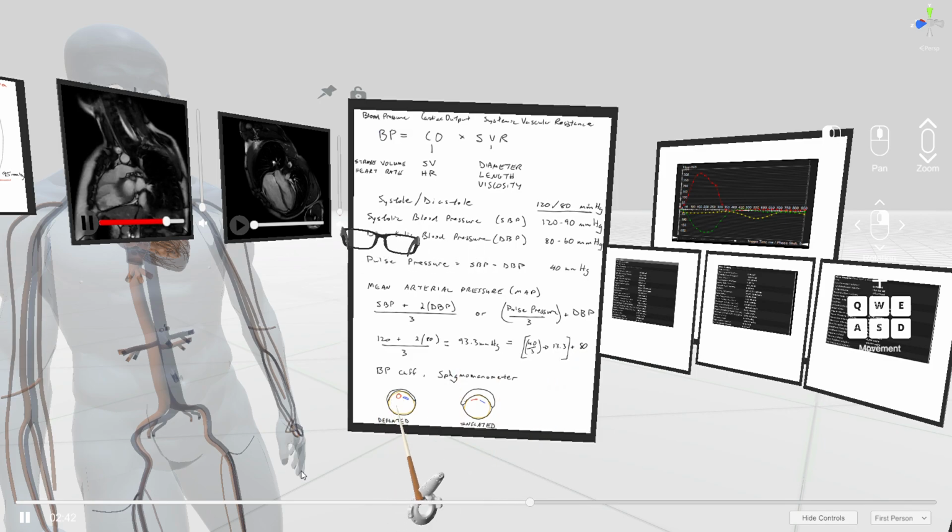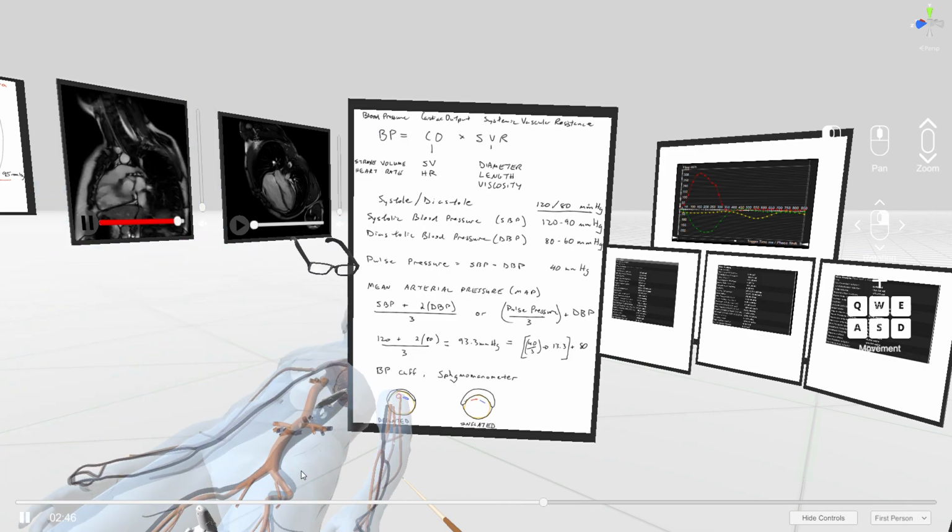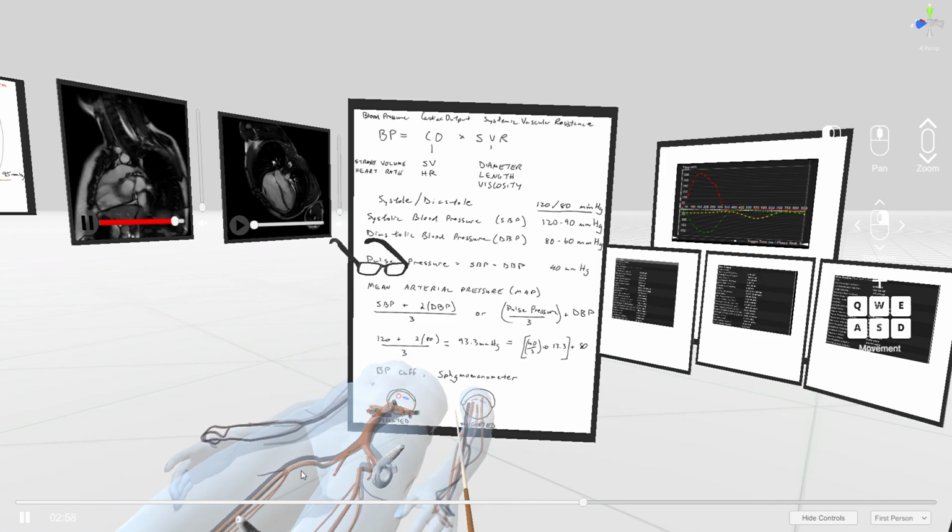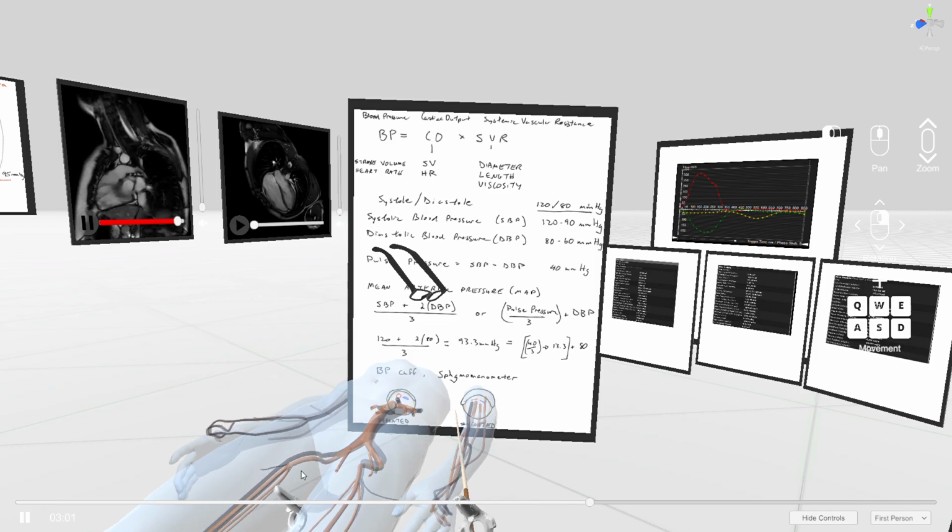So let's talk about a blood pressure cuff and how we acquire this information. So if I put a cuff around my arm here, and I've got my artery, which is wide open while it's in a relaxed state, deflated. As soon as I inflate the cuff, what's going to occur is that artery is going to flatten out, and the vein's always flat.